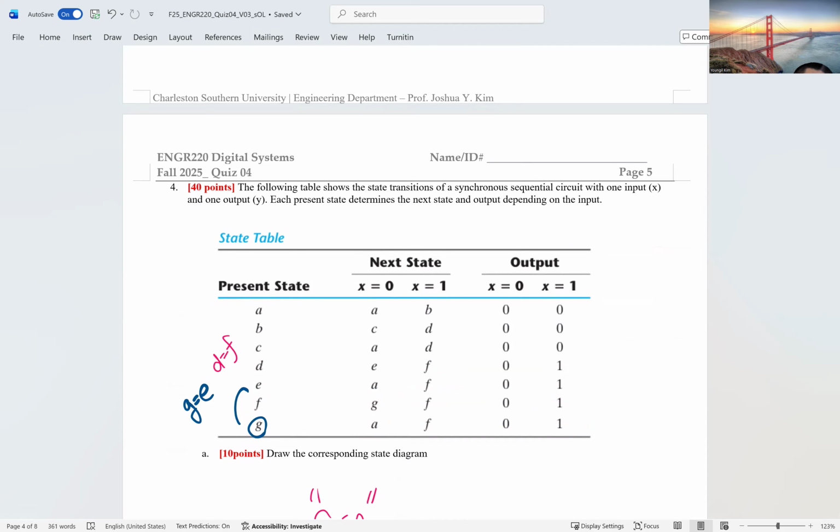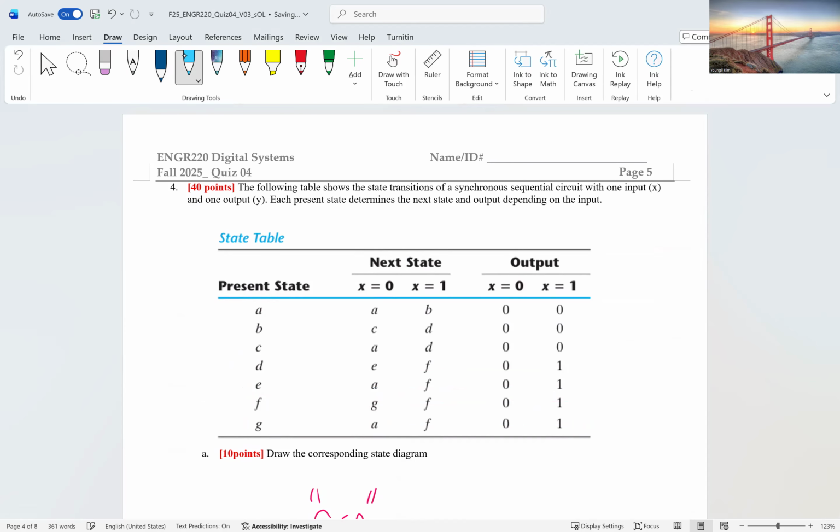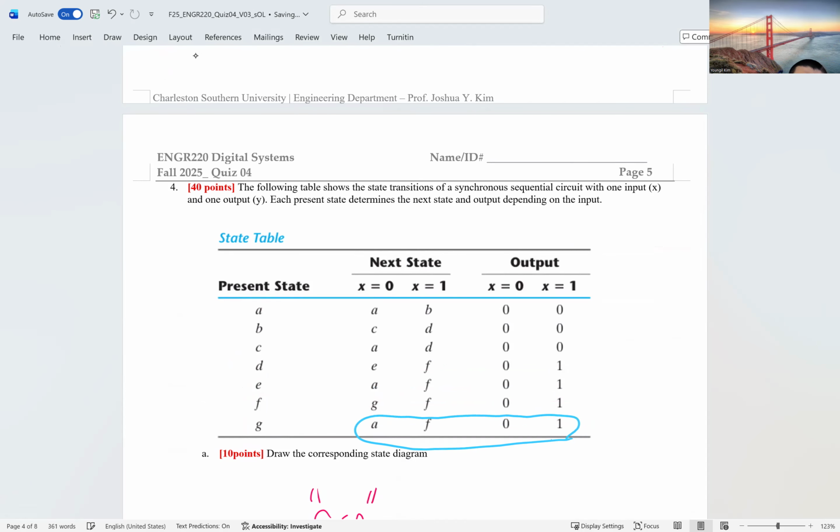So A, F, 0, 1 is the same. Now we're going to try to reduce states. G is the same, G is equal to E.